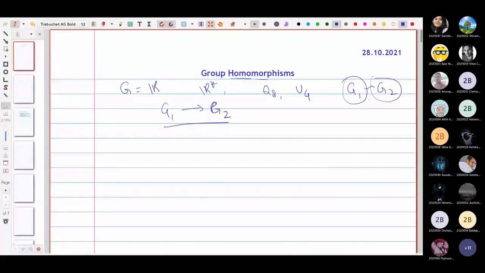But if you see with the lens of properties, we can mark them as one. They are not different. That we will discuss in isomorphism.